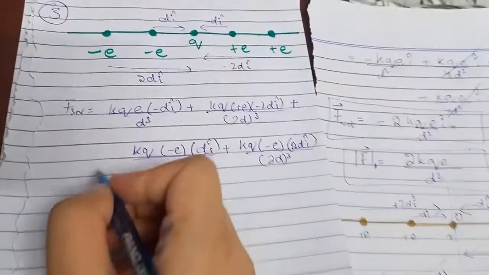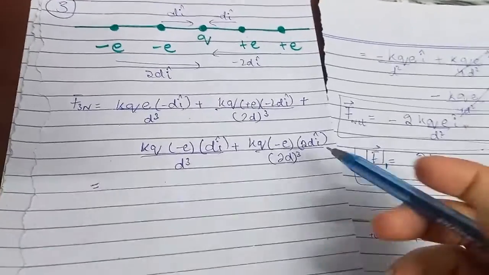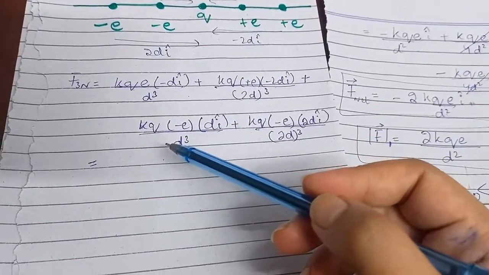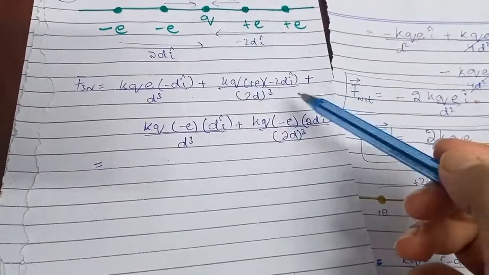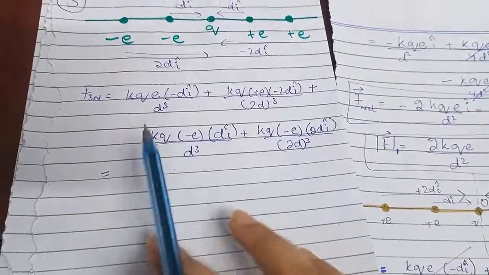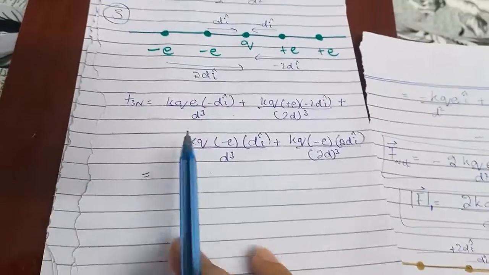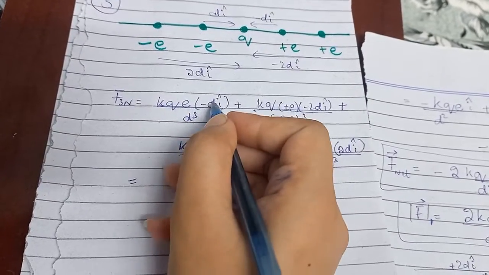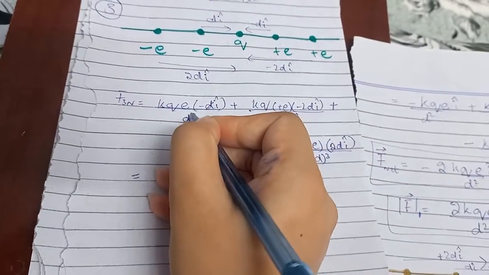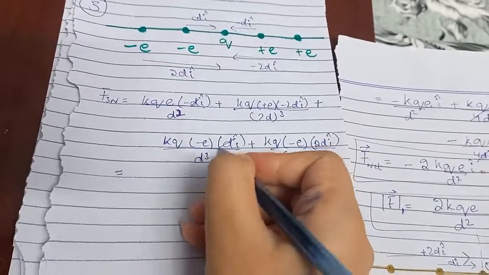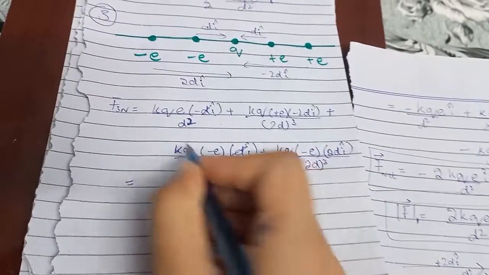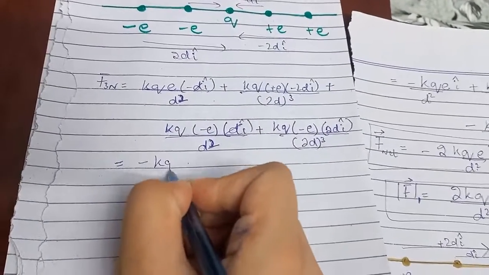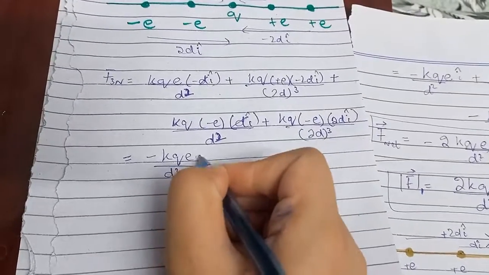All right, now let's see if something cancels out. No, I don't think so. Nothing cancels out here this time. One d cancels out here, so it's negative k q e over d square i hat.